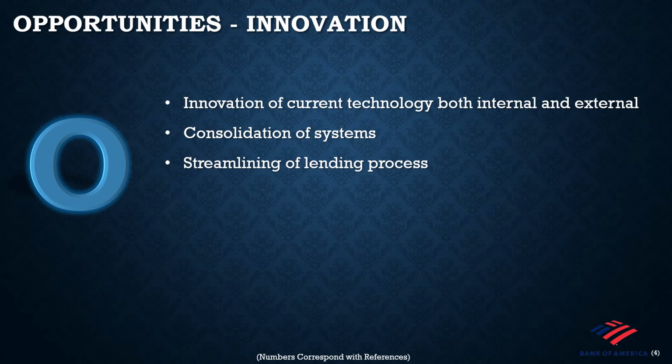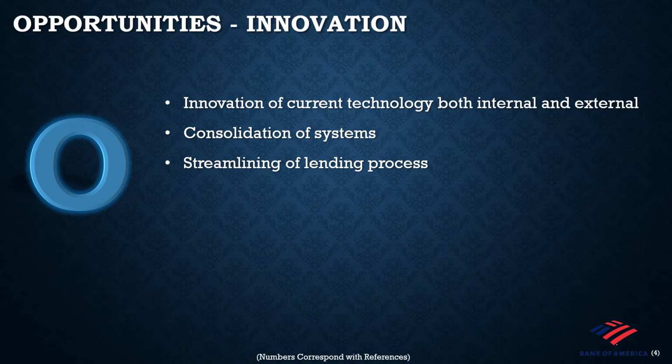Also, streamlining of the lending process. There's a current multitude of redundant loops in this process, and the difficulty with this is the same information is passed from department to department and passes back through those same departments multiple times.